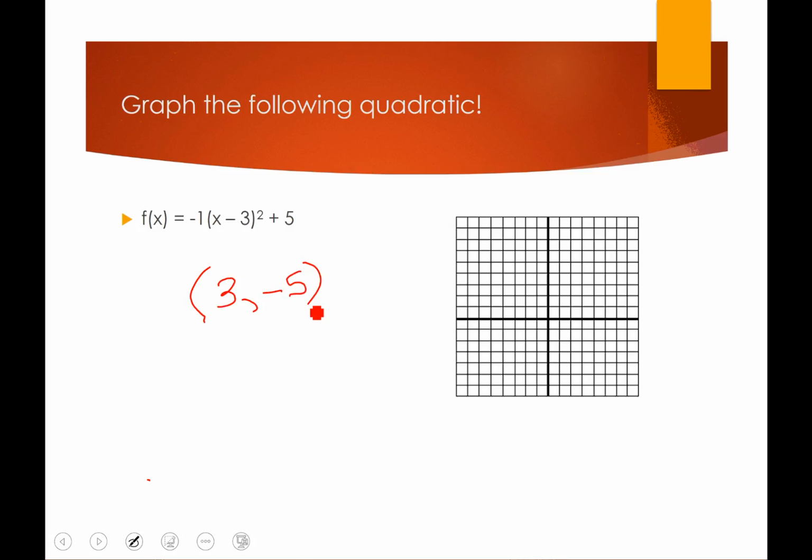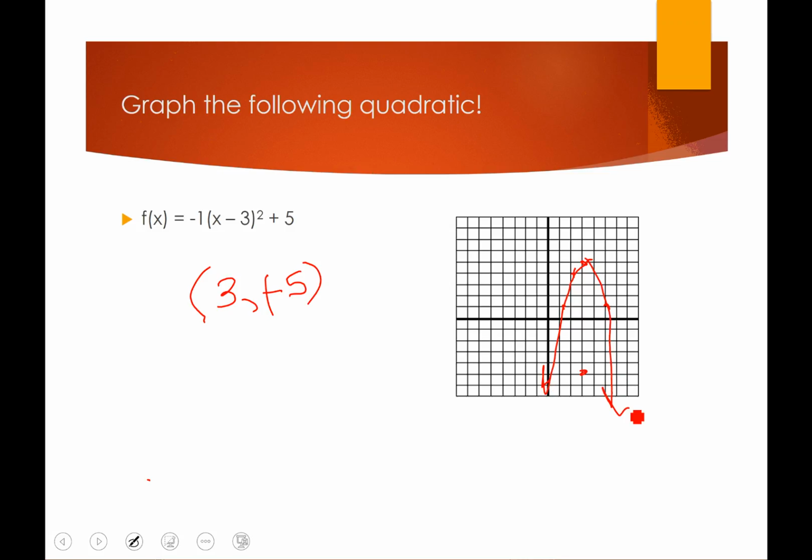Okay, so if I go to 3, negative 5, I'm going to put a point there. And then it opens, or sorry, it should be at 3, positive 5. And I'm going to put a point there, go over 1, down 1, over 2, down 4, and so on and so forth. And you might be asking, why am I doing this?